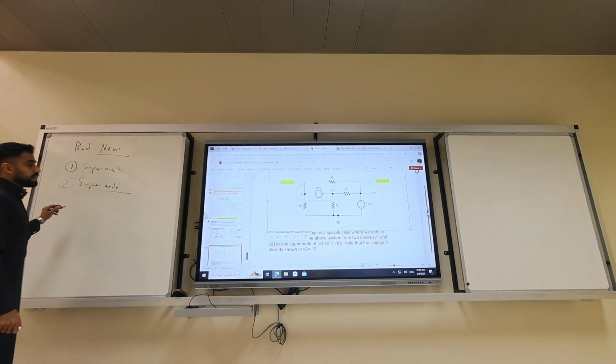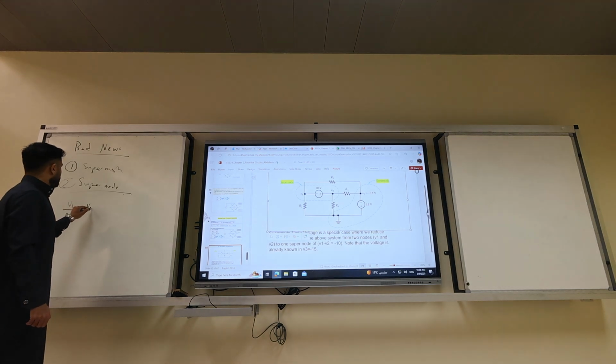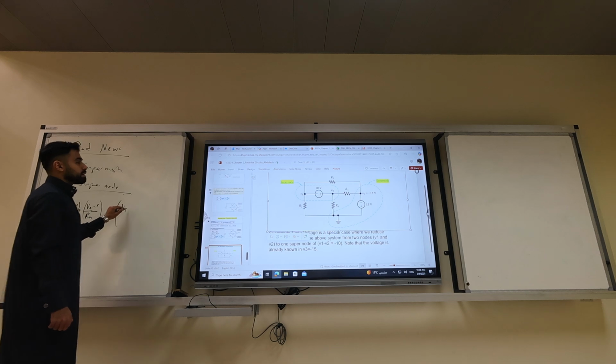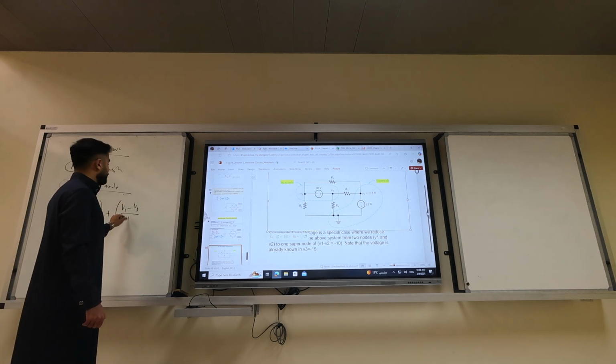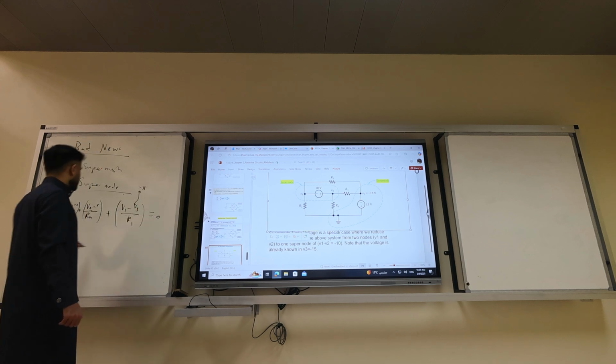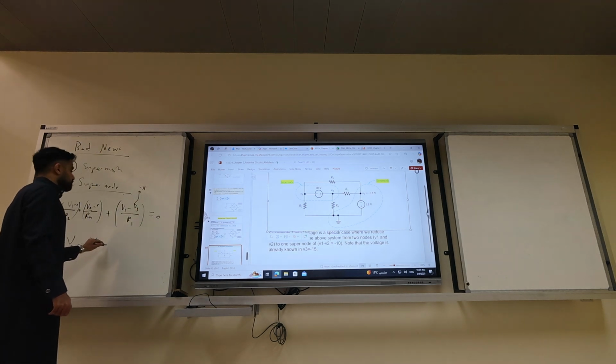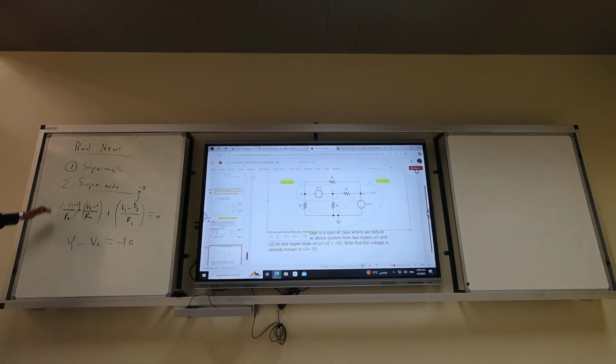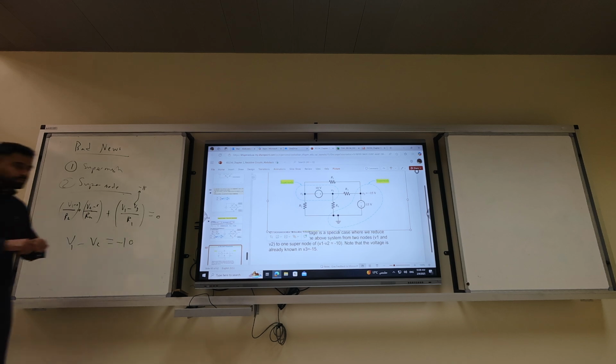You will have basically V1 over R2 plus V2 over R4 with minus 0, plus V1 minus V3 over R1. V3 is, you already know it's minus 15, equals 0, and then you write V1 minus V2 equal minus 10 volts. So two variables, two unknowns, put in the standard form, and then you solve it.